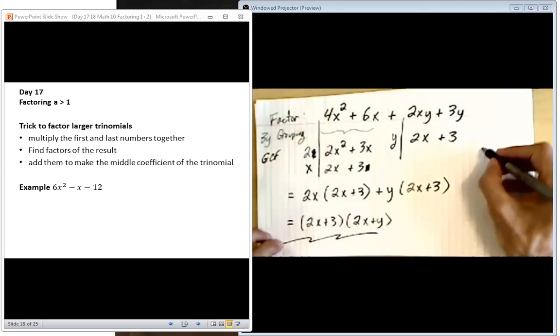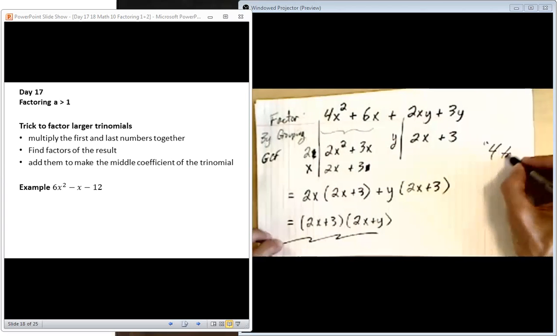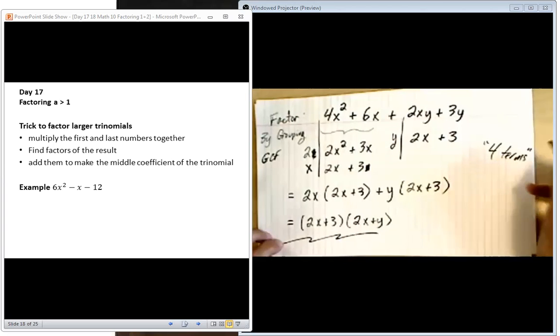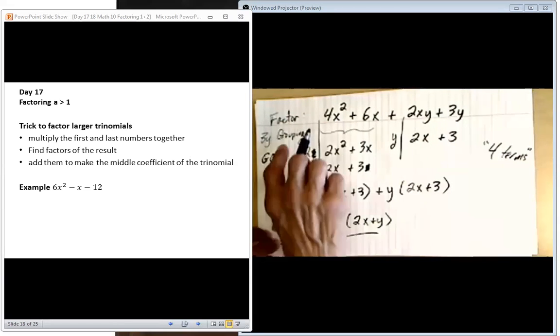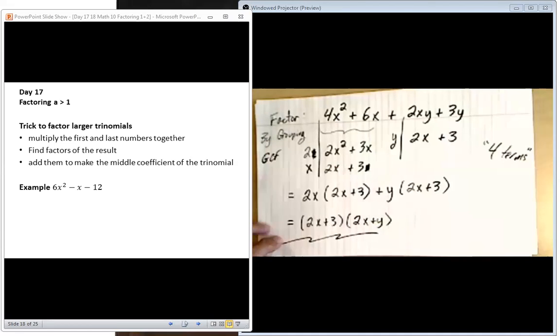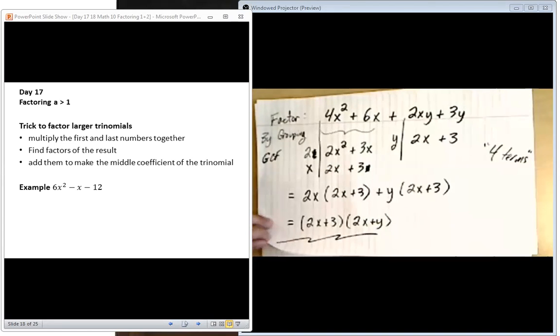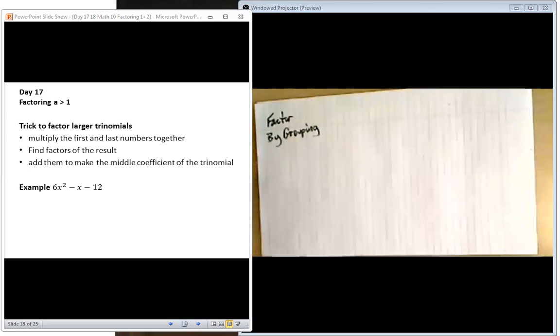If there's 4 terms, right? And 4 terms like that, then away you go. That's a signal to try this by grouping. And so that's what we'll have in the next question for sure.